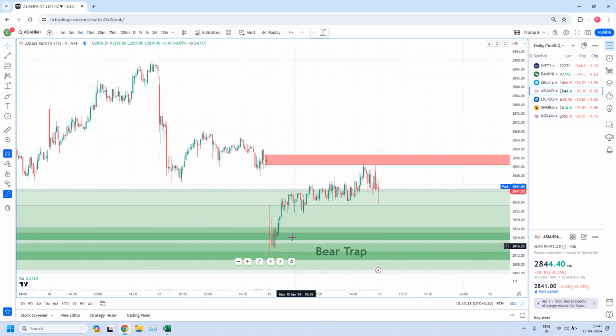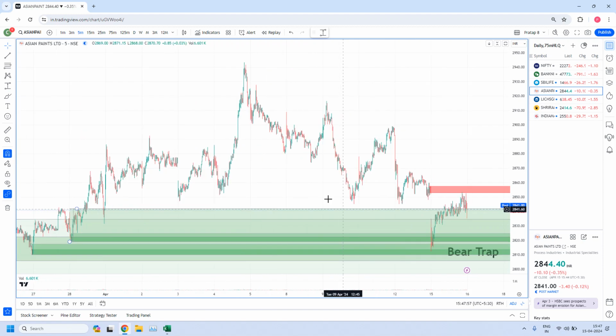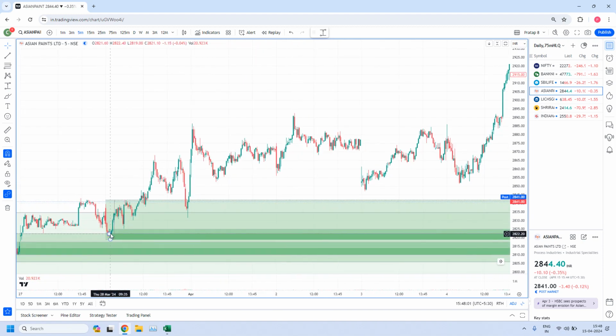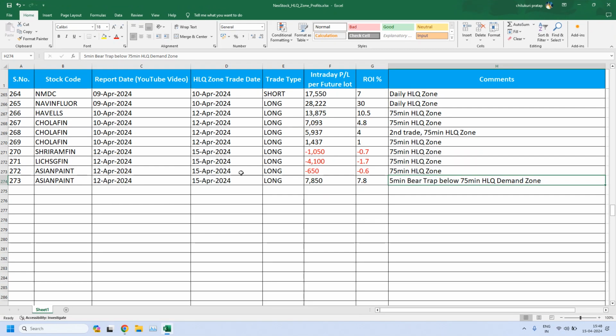So all these reasons supported the success of this particular bear trap for our 75 minutes high liquidity zone. And because this zone, the fine-tuned 5 minutes, is violated, definitely you would have placed your order before placing your order on the bear trap, you would have placed your order here, and it is stopped out. The stopped out Asian Paints has given a 650 rupees loss.